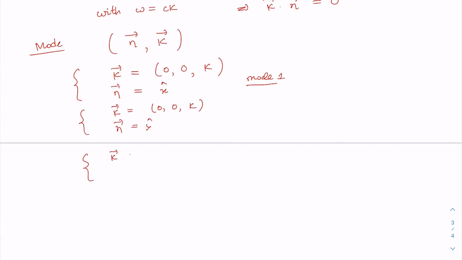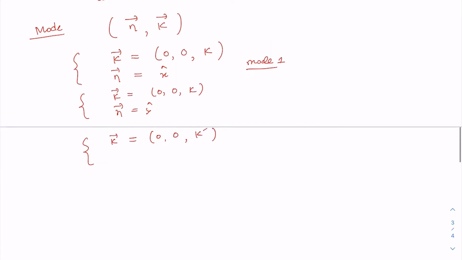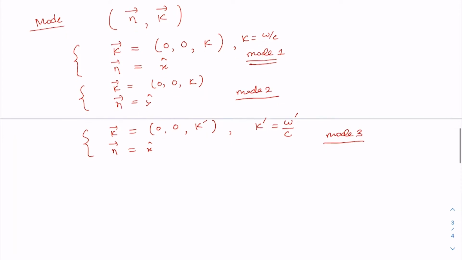Or say k is along the z direction but with a different magnitude, then this also defines a different mode, because k' is equal to omega' by c, and here k is equal to omega by c. Say this is mode 1, this is mode 2, and this would be mode 3, and so on. So we can have an infinite number of modes like this. I hope the idea of mode is clear to you.